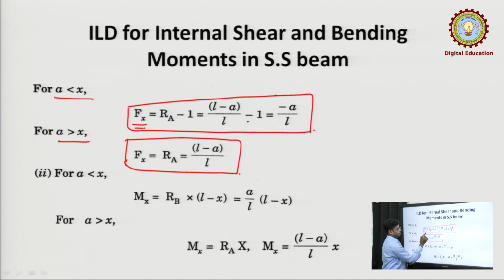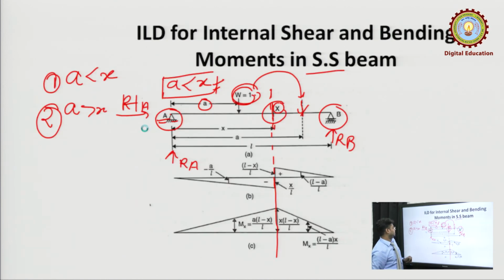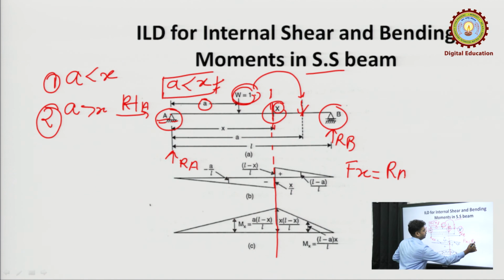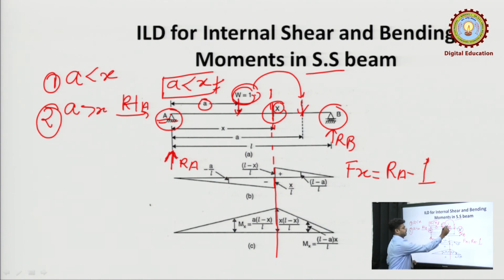How can we calculate the shear here? Fx equals Ra minus 1. This is the Ra value we have, this is the unit load we have, and we are cutting a section from here. Taking the left side of the section, the sign is positive Ra minus 1.